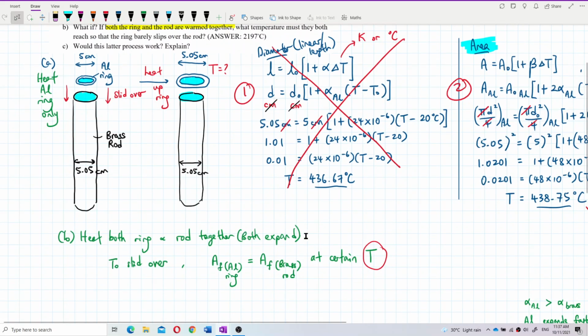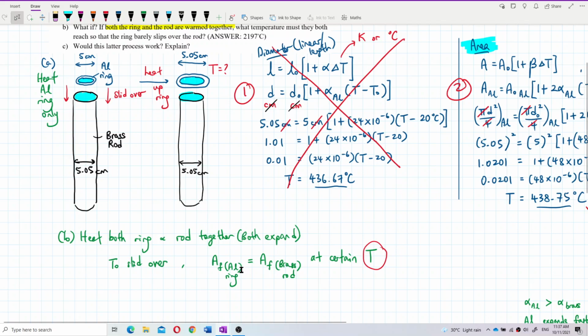At a certain temperature, the final area of the ring and the final area of the brass rod will become equal. When they become equal in area, then the ring can slide through.